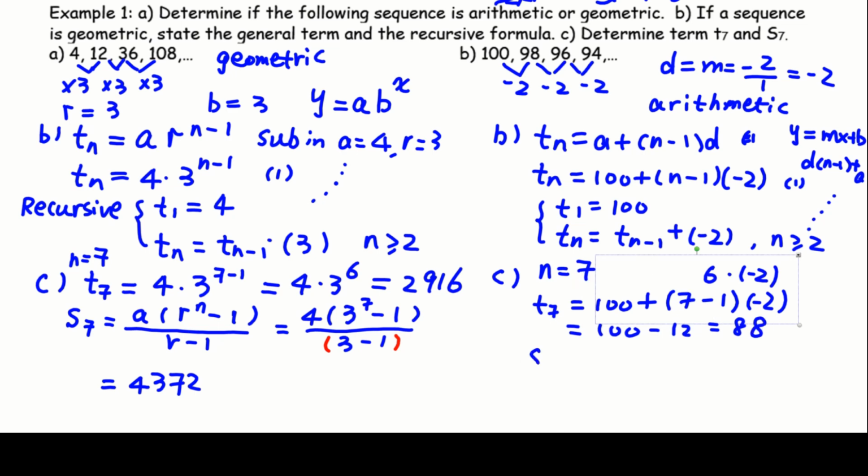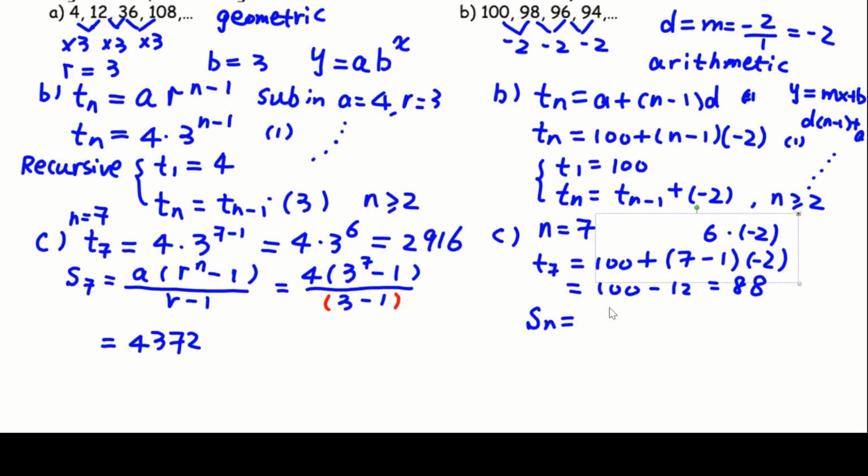Then the sum. The formula for the sum of an arithmetic sequence is first term plus last term, divided by 2, times n. So we have the 7th term: the first term is 100, the 7th term is 88, divided by 2, then times 7.